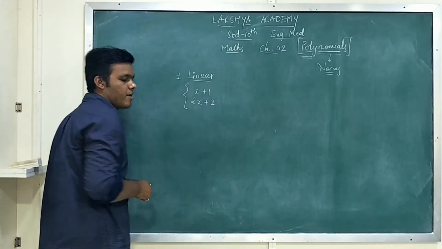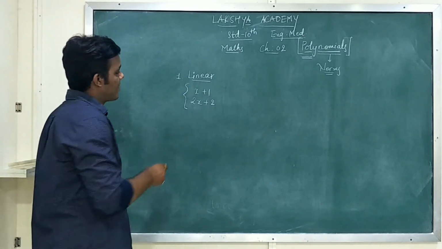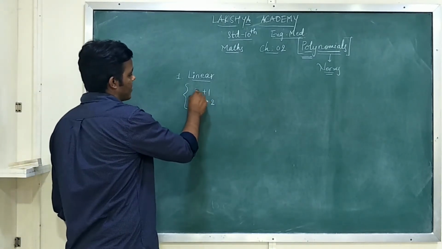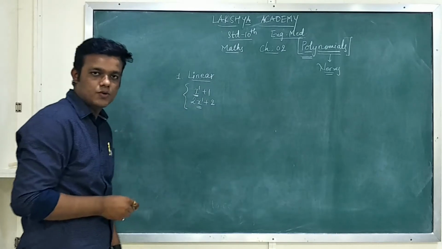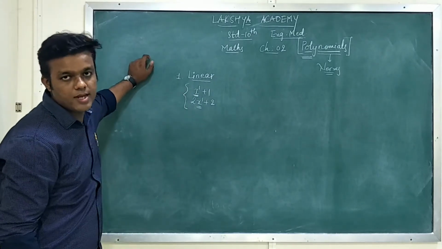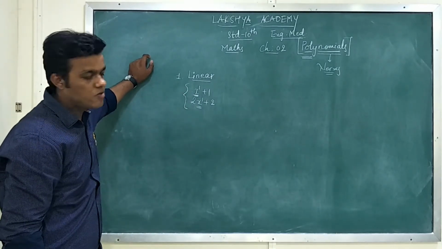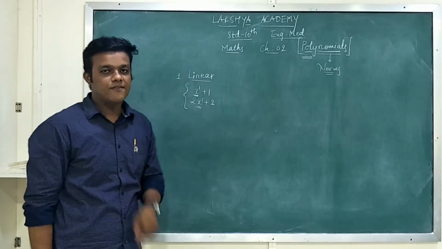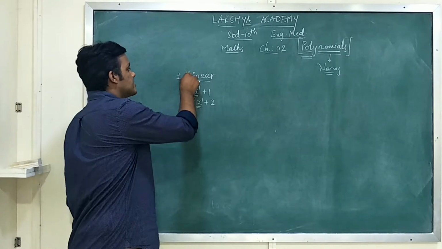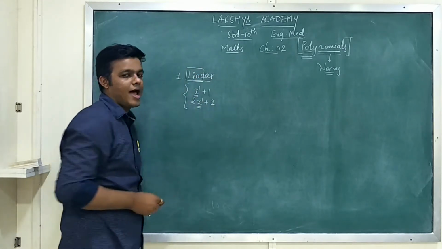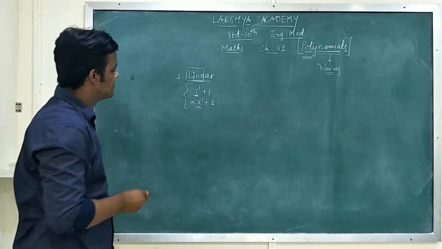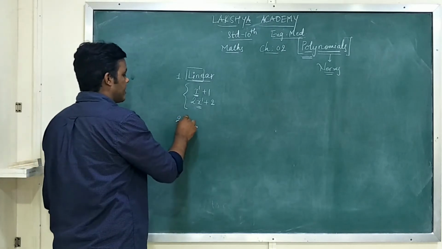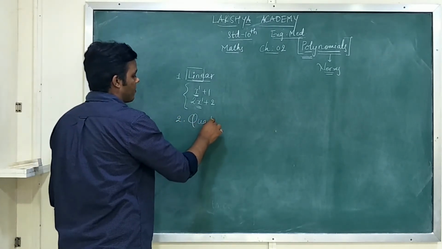In these polynomials, you can see that the maximum power of x is 1. So this is said to be a linear polynomial. Right? If we represent this polynomial on a graph, then it will give you a line.